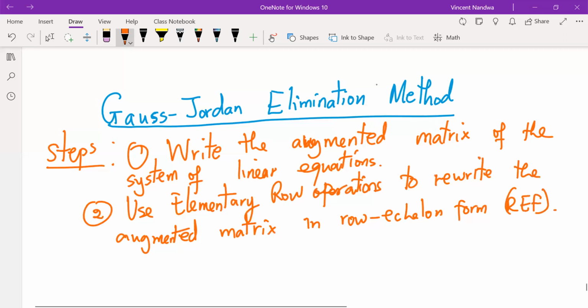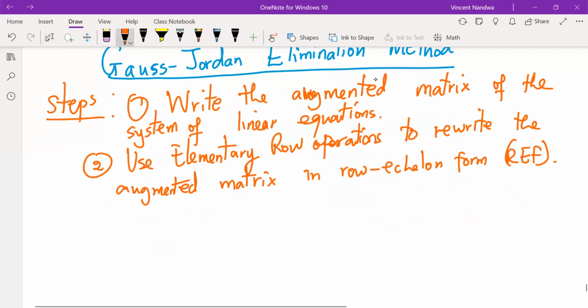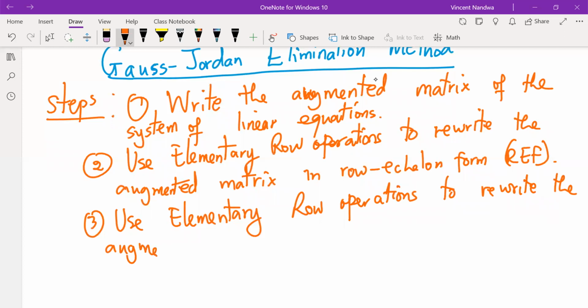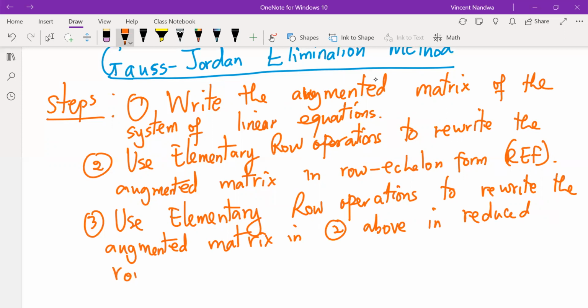So once you have the row echelon form, then you reduce it into reduced row echelon form.